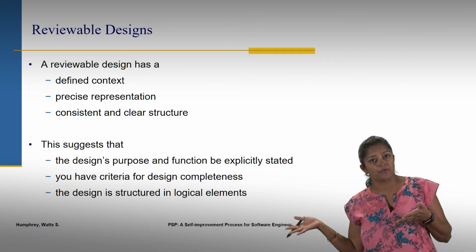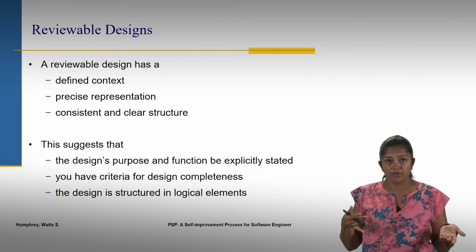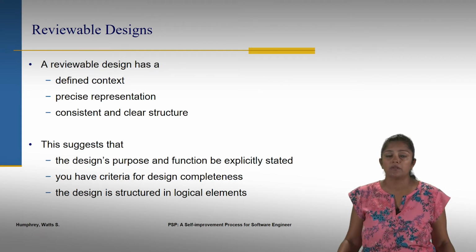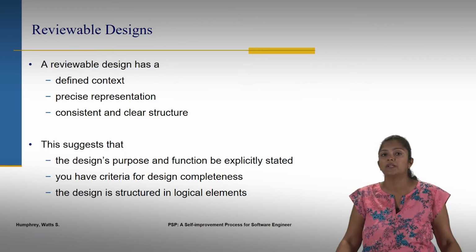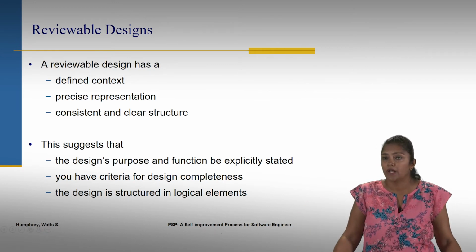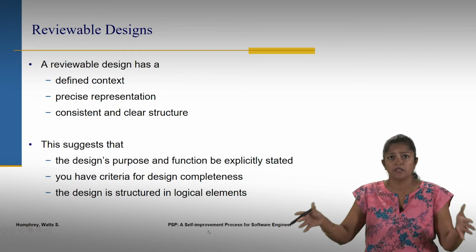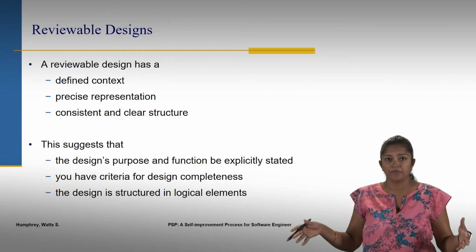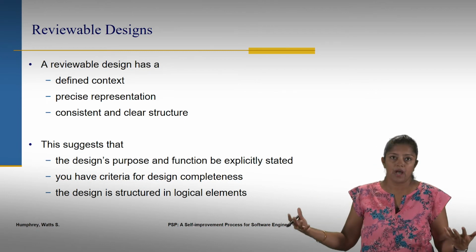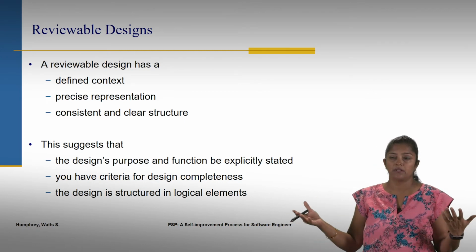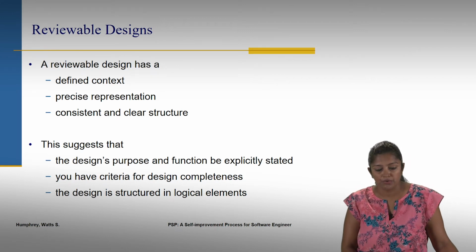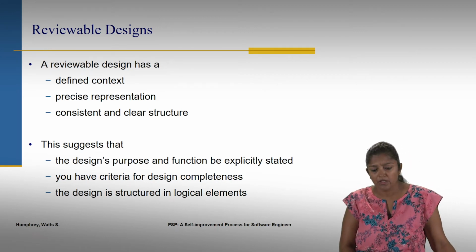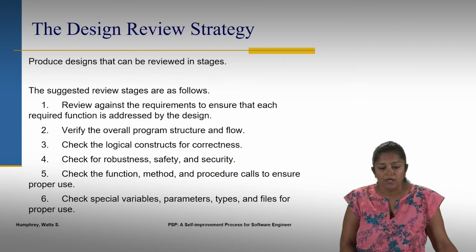Otherwise, if your team is reviewing the design and it doesn't have a consistent and clear structure, it's very hard to understand it, and that's where languages like UML come into the picture. And if consistently everyone uses UML, and if everyone uses the same kind of tool, then we have a precise representation and structure that everyone already understands. So it's important to use those consistent logical elements.